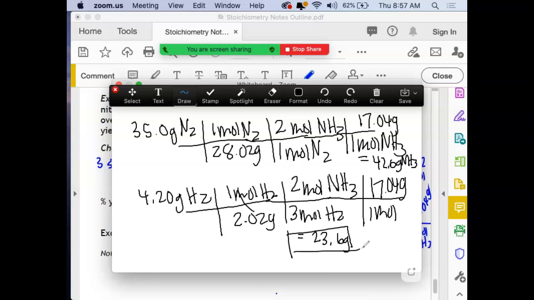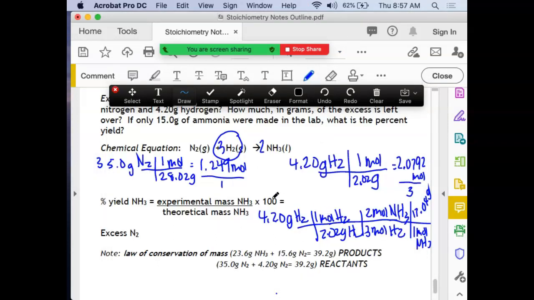So look, this produced less, so this is my limiting. So you could do all the work up front to figure out the limiting, and at the same time you can figure out the answer, the mass, okay? Whatever you prefer. So the number is 23.6, so 23.6 grams of ammonia is produced.